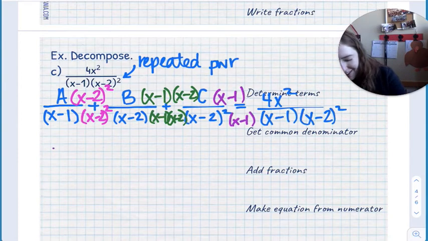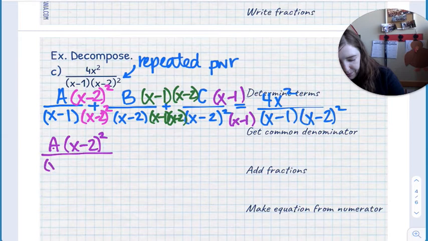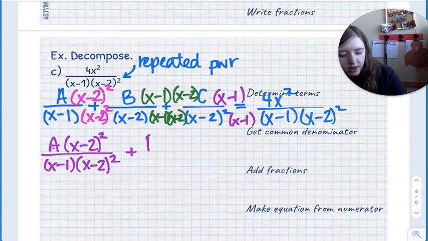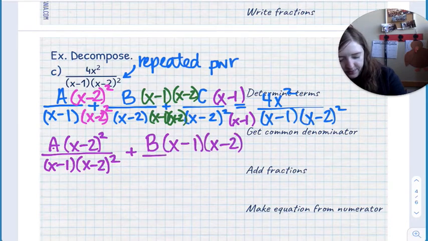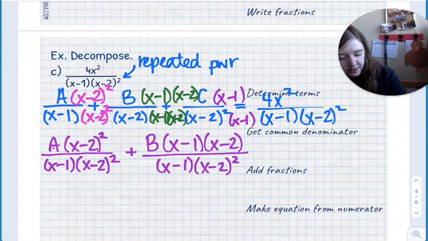Okay. So we've got A times all of x minus 2 squared over x minus 1, x minus 2 squared, plus we're going to have to take B times all of x minus 1, x minus 2, over x minus 1, x minus 2 squared, plus.